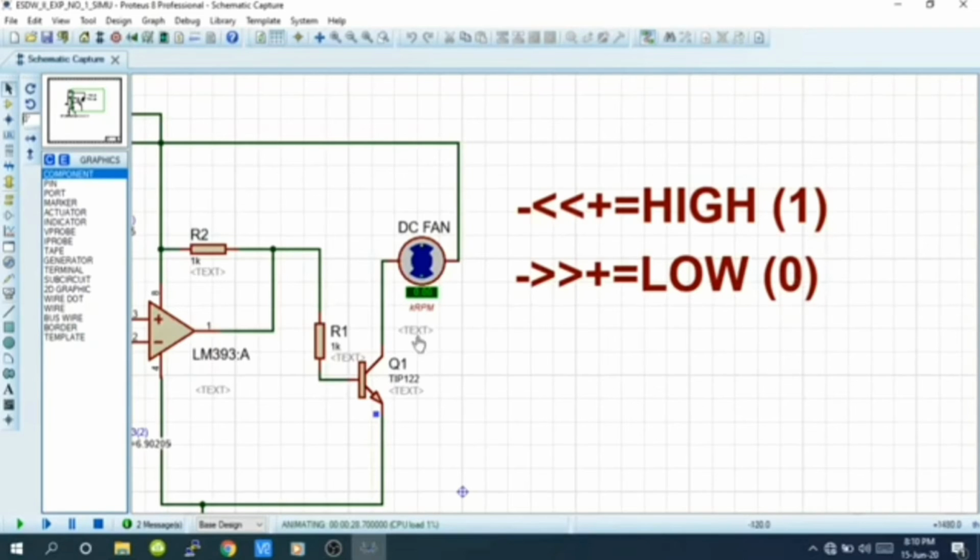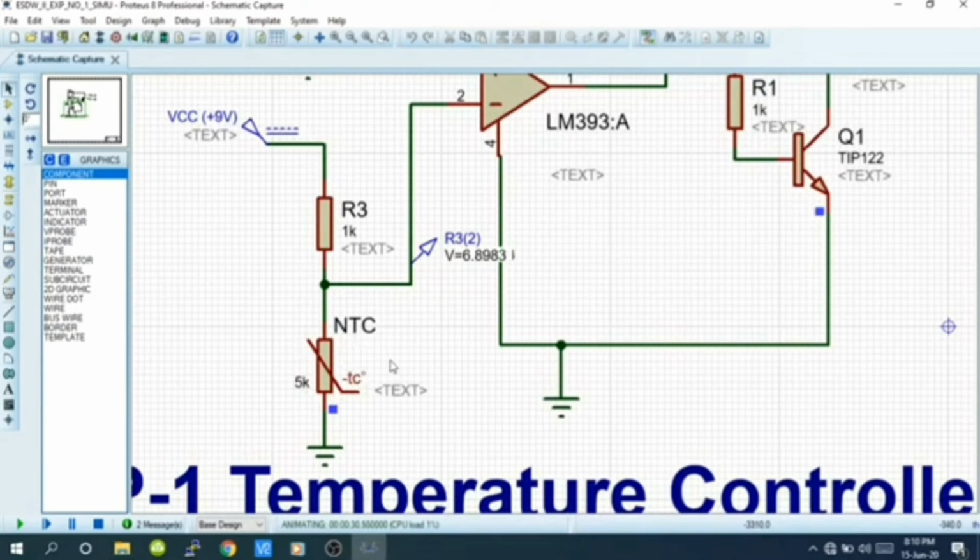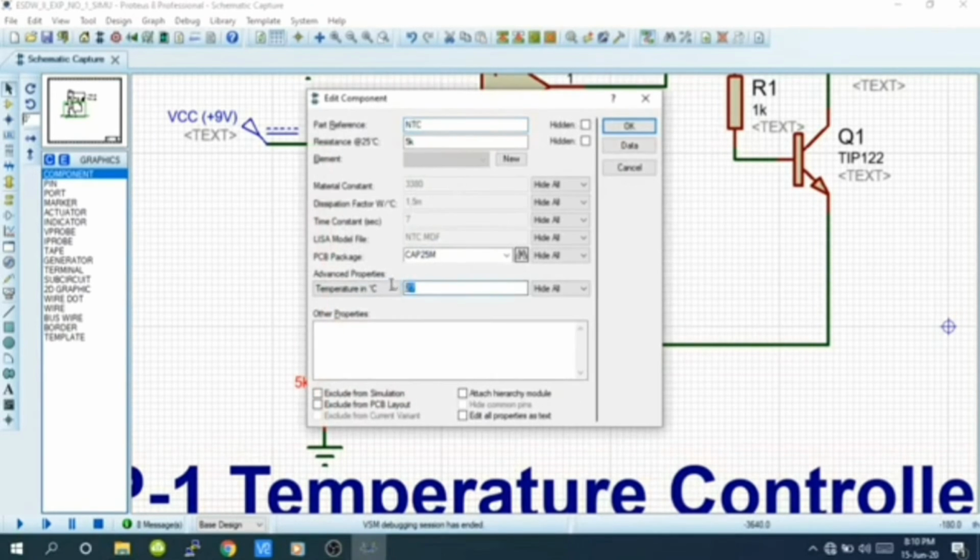If the operational amplifier gives a high output, then only transistor Q1 goes into saturation and the DC fan gets on. But if the comparator output, that is the op-amp output, is low, then the transistor goes into cutoff and the fan will remain off.